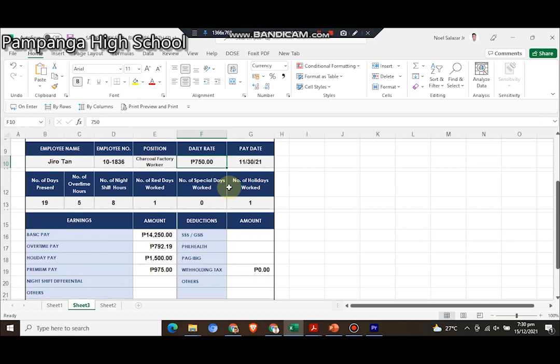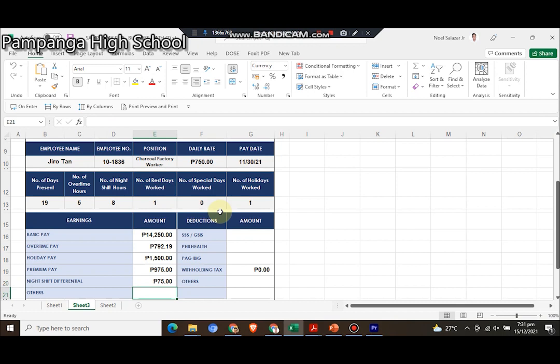The formula then is equal sign, open parenthesis, F10, which is the daily rate, divide by 8, close parenthesis, multiply by D13, which is the night shift hours, and multiply by 0.10 or 10%, then click enter. For the night shift differential, we have 75 pesos. Let us now proceed to the deductions.